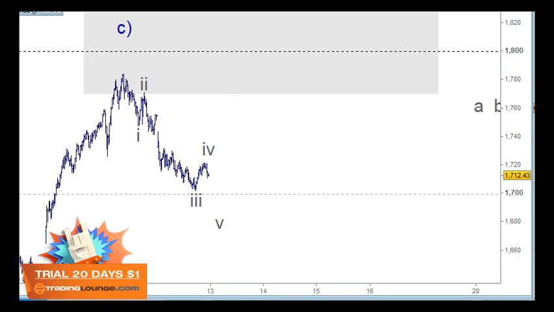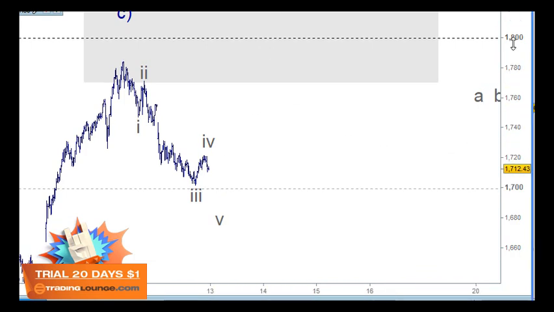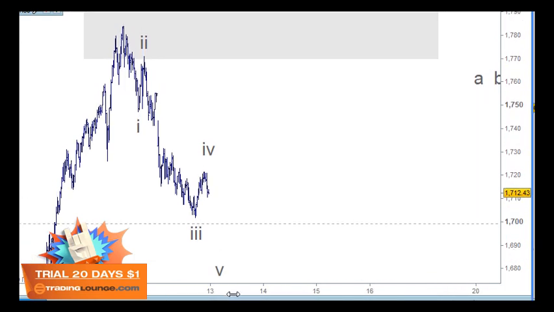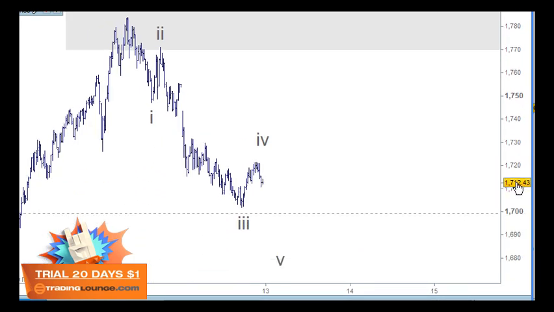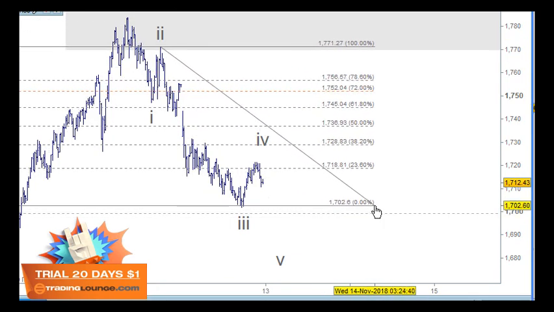So let me just check this here. Yeah, I can't draw on this side here, but we can come back up to the wave 4. Like all of those markets, an A wave, a B wave, and a C wave coming back up into that space, okay?